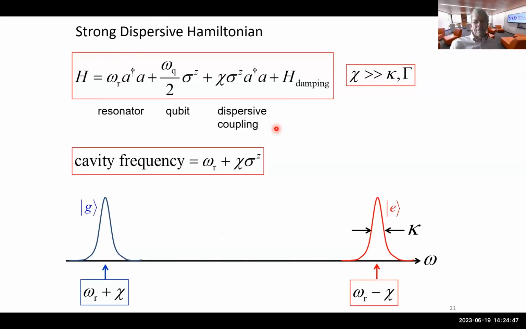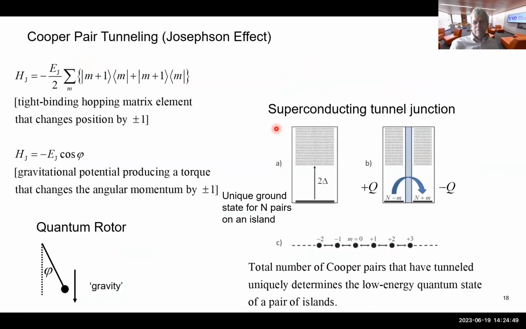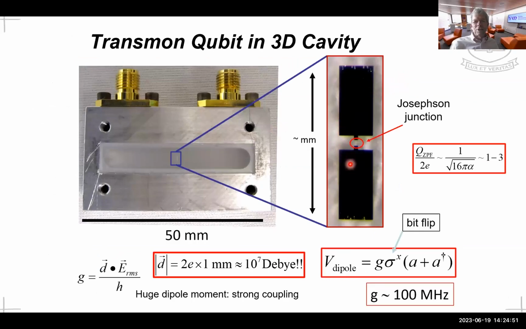Oh, in the transmon, the capacitance is just the geometric capacitance between these two antenna pads. There's also capacitance from here to nearby walls in the resonator and stuff like that. There's also a little bit of capacitance in that tiny Josephson junction.